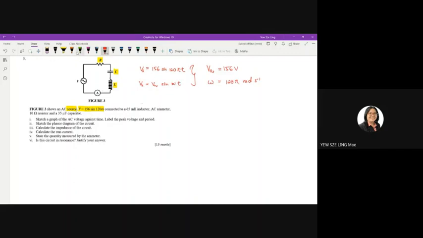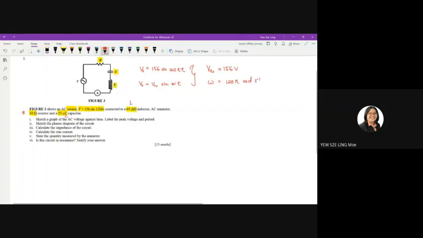It is connected to a 65 millihenry inductor, AC ammeter, 10 ohm resistor, and 35 microfarad capacitor. So you are given L, R, and C.